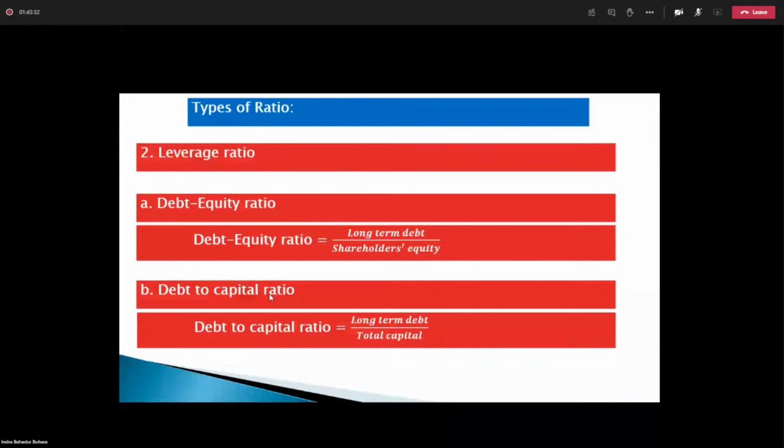So you write down these two formulas. Then we discuss turnover and profitability in next class. And we do exercise from page number 141 now. So all of you copy debt equity ratio and debt to capital ratio.